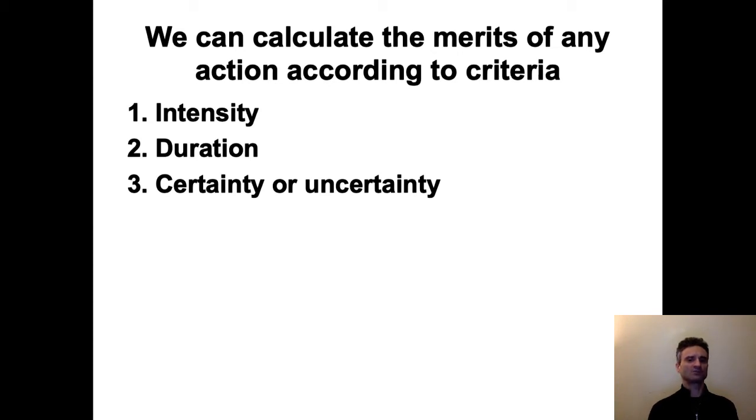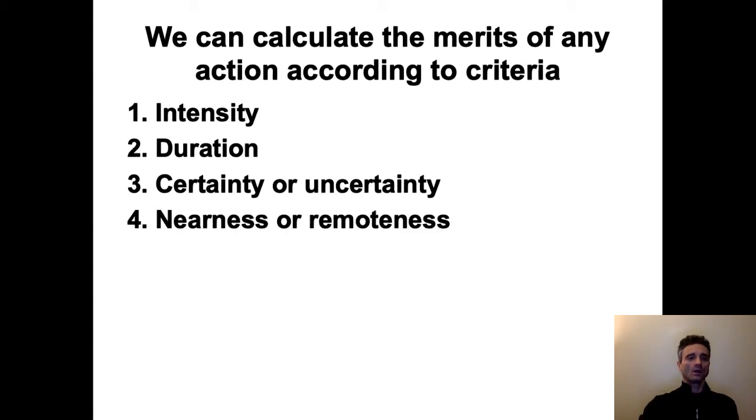What if he smells there's something fishy and he finds out that I'm lying and he kills me? He breaks my legs instead. What about the nearness or remoteness? How soon or how far, how remote is the pleasure that is supposed to come about?